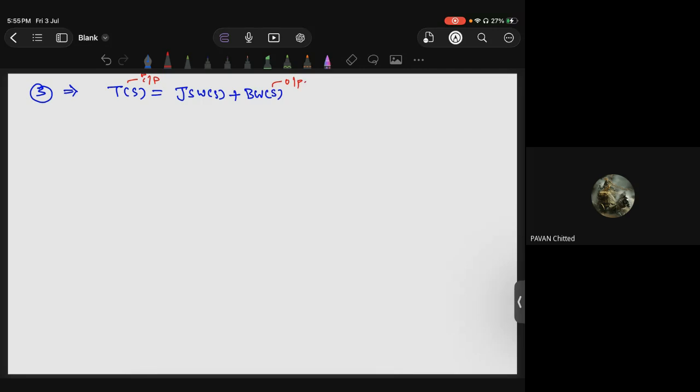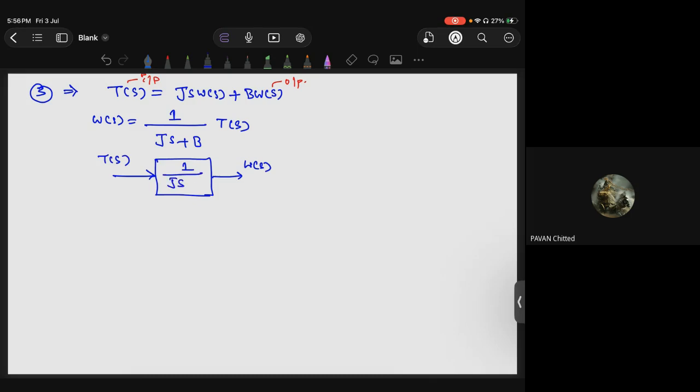Omega of S equals T of S divided by Js plus B, taking B outside. So this is also a direct representation: a block 1 by Js plus B from T of S to omega of S.